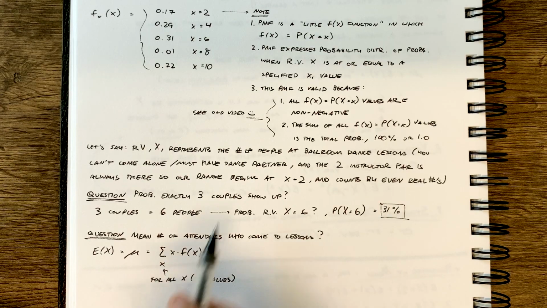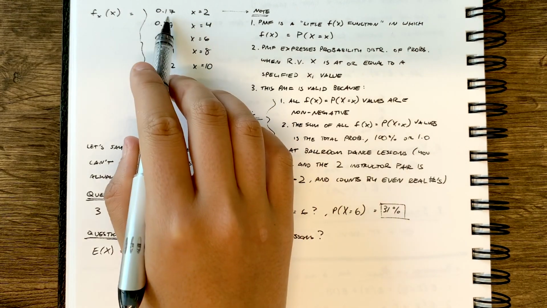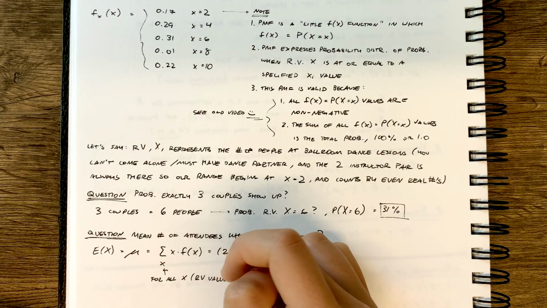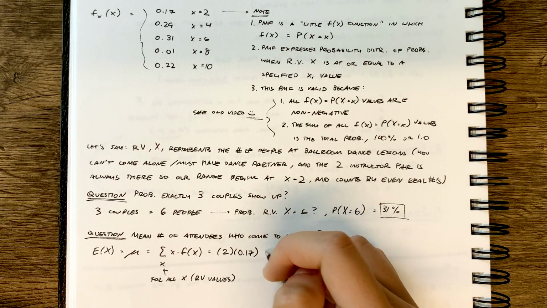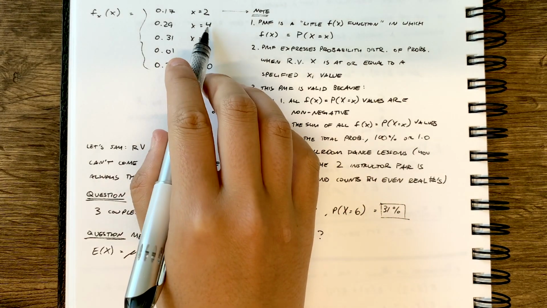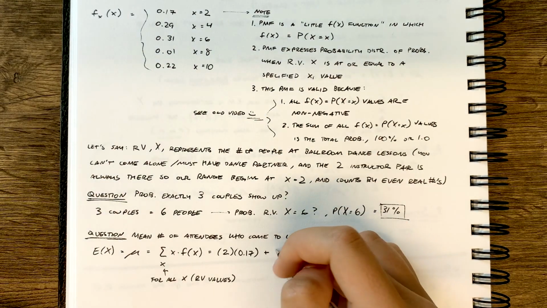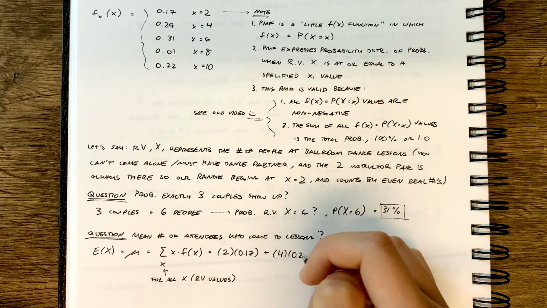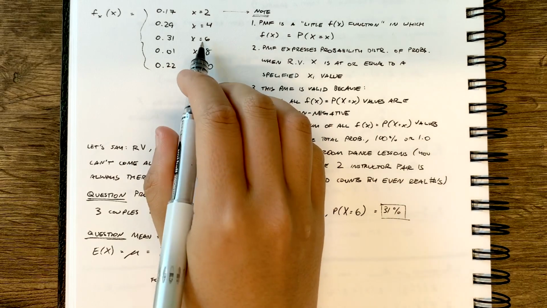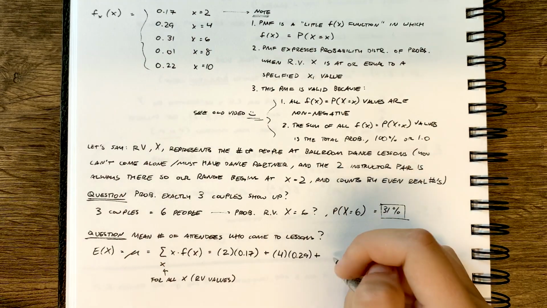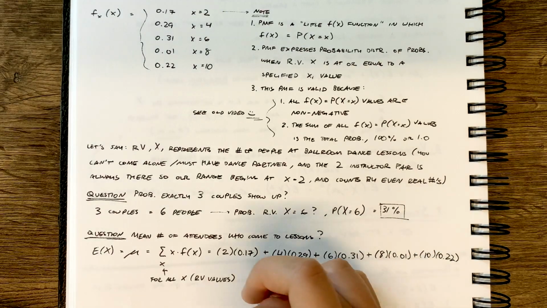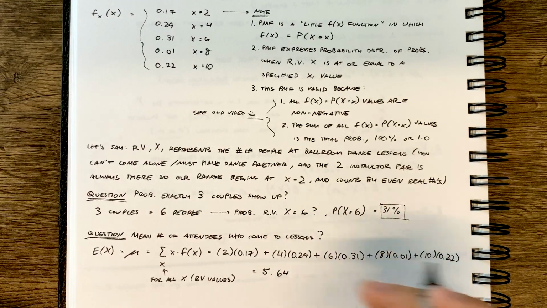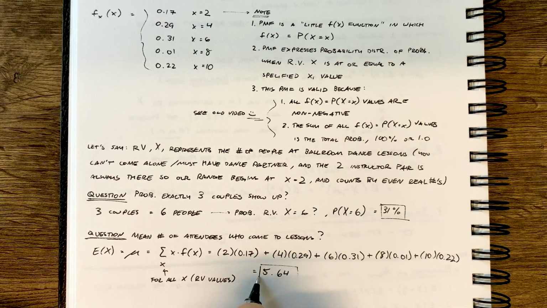So it'll be equal to our first component, x equals 2, multiplied by its respective probability, 0.17. And we'll do this for each component. Our next one is 4 multiplied by its respective probability, 0.29. We'll sum them together, and we'll find that we get 5.64. In other words, this is our mean number of attendees who will come to lessons.